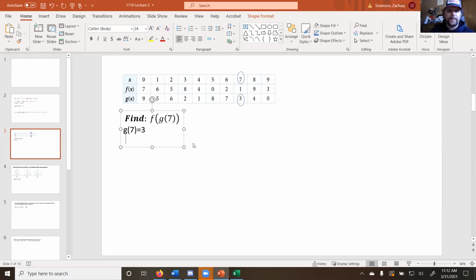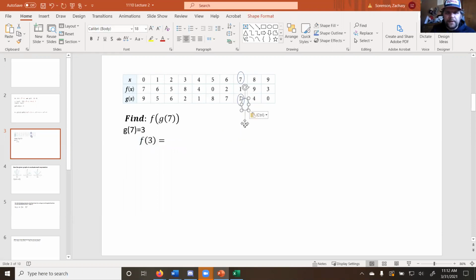And then, okay, now that we know what g of 7 is, we can rewrite our question saying, okay, f of g of 7 is the same thing as just asking what is f of 3. Two steps. First thing, I find the value of the inside, then I find the value of the overall thing once I know the value of the inside. So what's f of 3? It's 8.